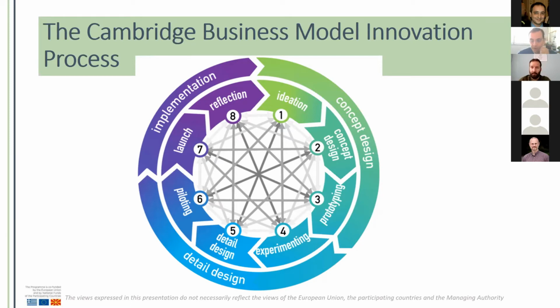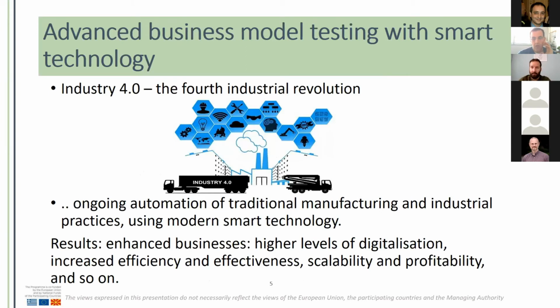So in the previous module, we covered the business model canvas, which is a strategic management template for developing new or documenting existing business models. This module focuses on more advanced methods for business model testing. This is why it is necessary for the main points of the business model to be briefly summarized. So moving from that to advanced business model testing with smart technology.